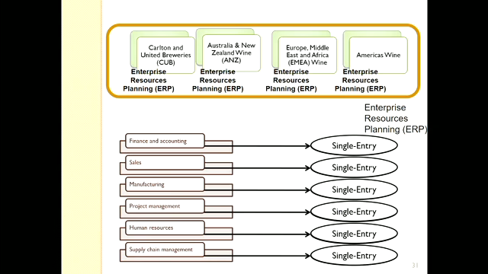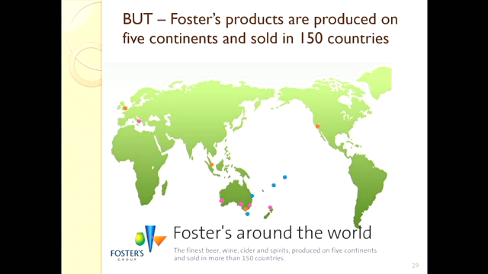Single entry means, for example, with the enterprise resource planning system, the company can just have one accounting department in the head office in Australia. But that accounting department will be electronically connected to other departments through the enterprise information system.